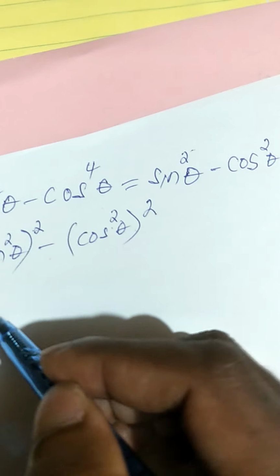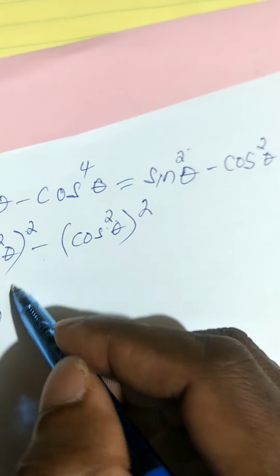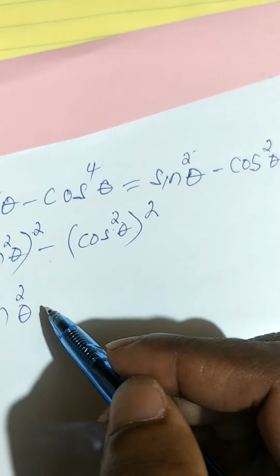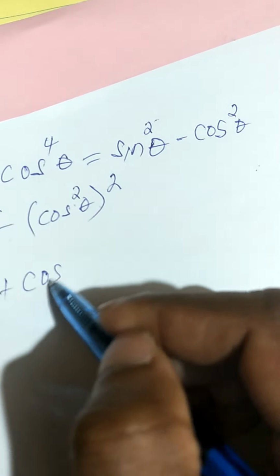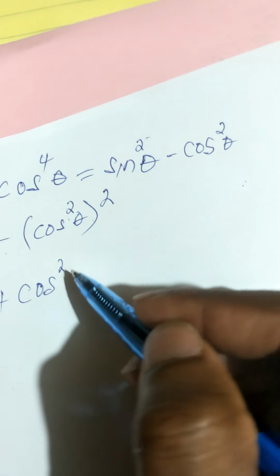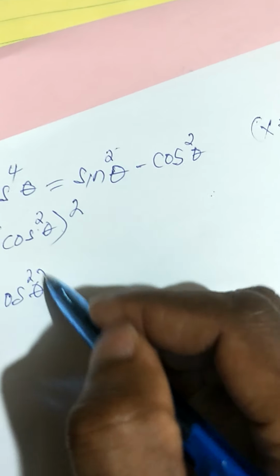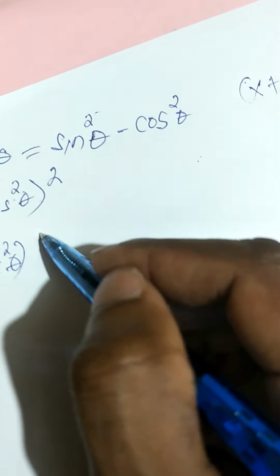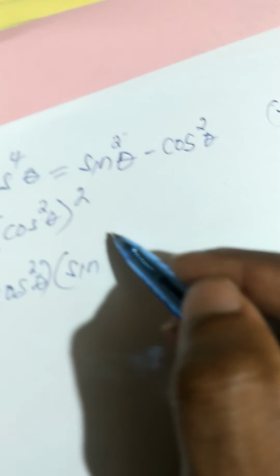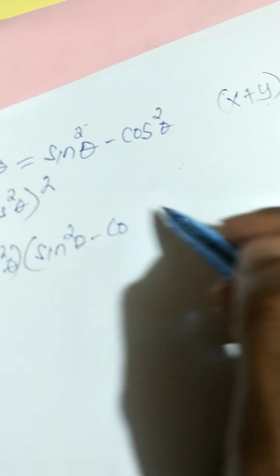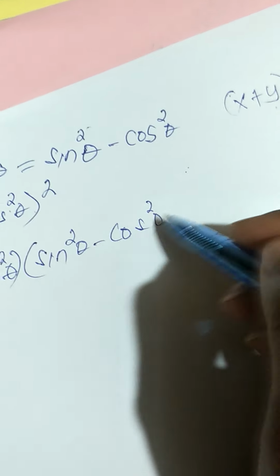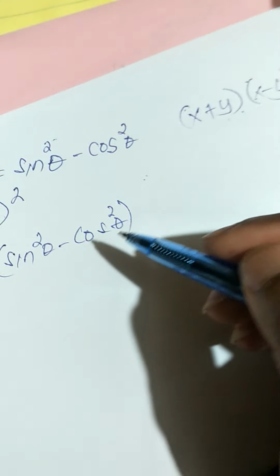It's like this: sine theta squared plus cosine theta squared, close brackets, multiplied by sine theta squared minus cosine theta squared, close brackets.